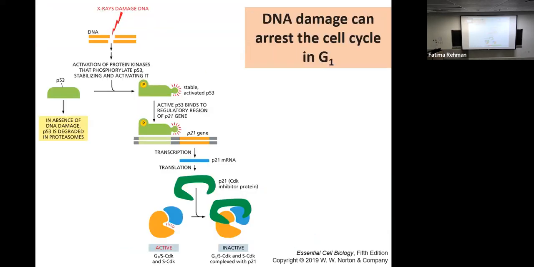Okay, so here is an example of what happens when a cell was actively going through the cell cycle and got UV zapped, let's say, or got exposure to something damaging, like Roundup, whatever, something toxic. Here you have X-rays causing DNA damage.